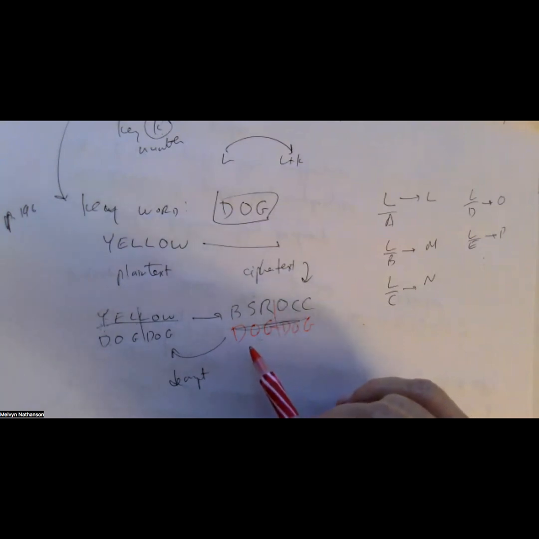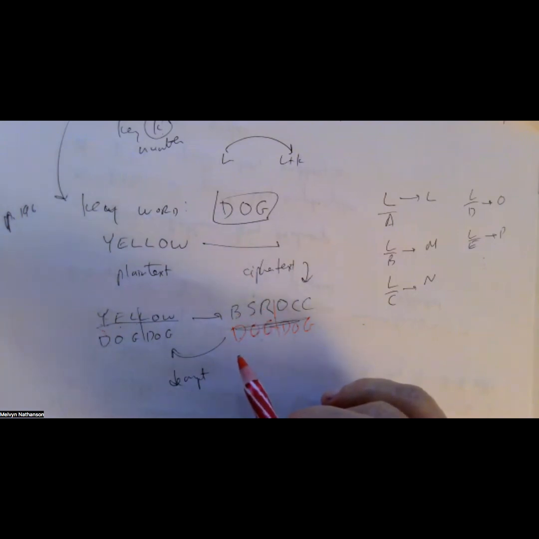If you know the key word, you know that the letter B, because it's over a D, to get back to the original text, you go 3 letters backwards. 3 letters backwards from B is Y. O is the 15th letter in the alphabet. If the letter over the O is an S, you have to go back 14 steps in the alphabet, and that will be E. So you decrypt by essentially the same method you use to encrypt.